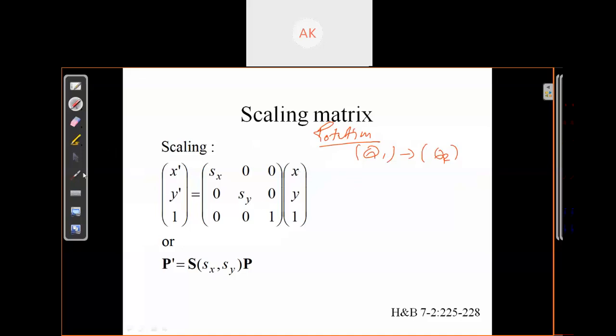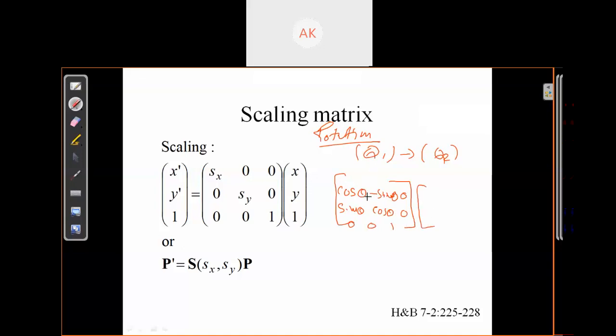So I'm just writing the rotation matrix, if you remember: [cos theta, minus sin theta, 0; sin theta, cos theta, 0; 0, 0, 1].